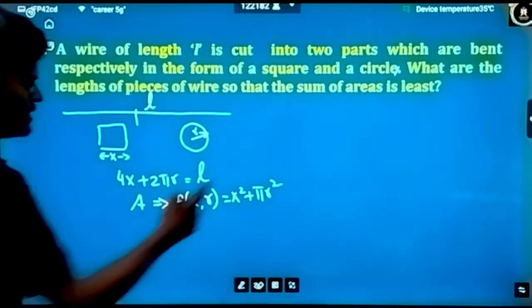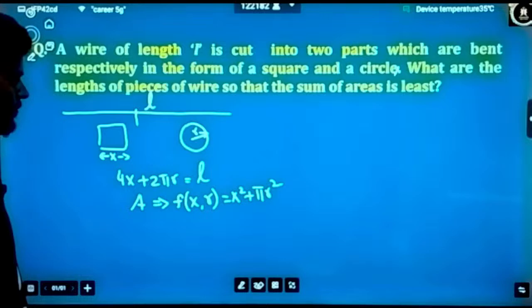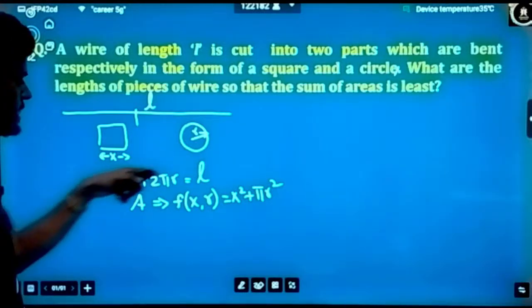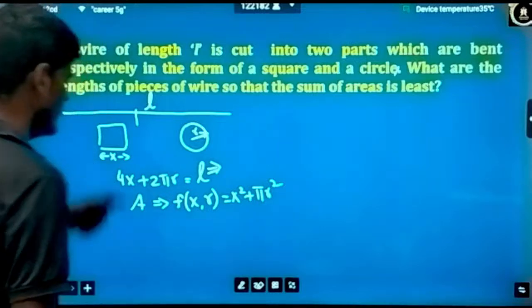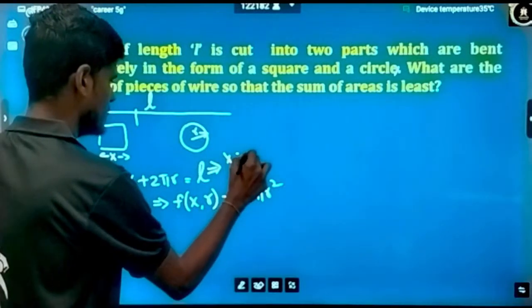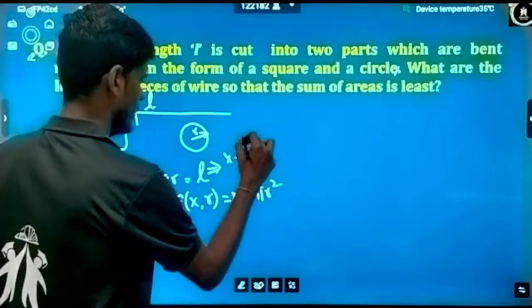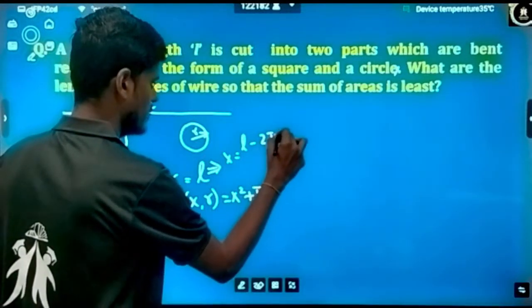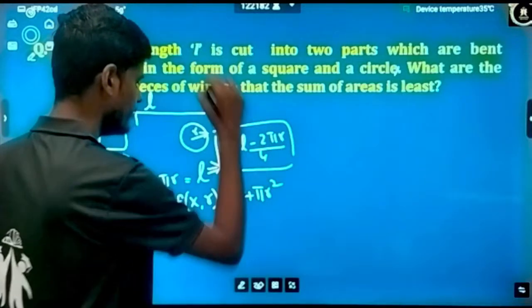Next, what we need to do, students? We have to convert it into a single variable. How to do that? We can find x with relation to this. So from this relation we get x is equal to L minus 2 pi r divided by 4.